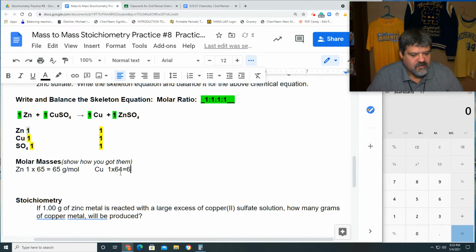That's going to equal 64. And that's going to be grams per mole. Okay, and I always like to highlight these right here in green. Now, normally I'd highlight the rest of it in yellow, but because there's only 1, we can just highlight that in green, and that'll be good enough.